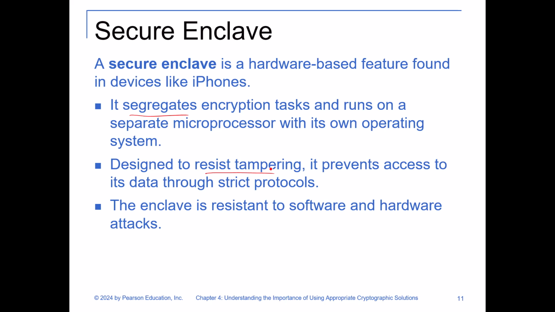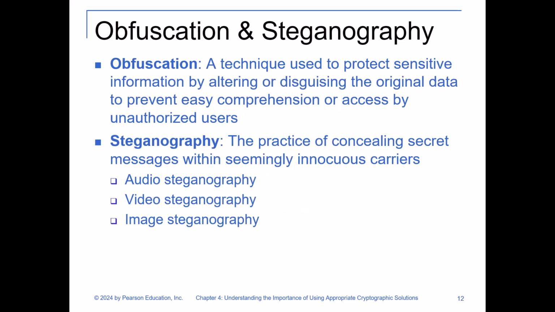It prevents access to data through strict protocols. It protects data in process. The enclave is resistant to software and hardware-based attacks. Not completely 100%, but resistant. That's key there. Alright, so moving past that will be our obfuscation and steganography.